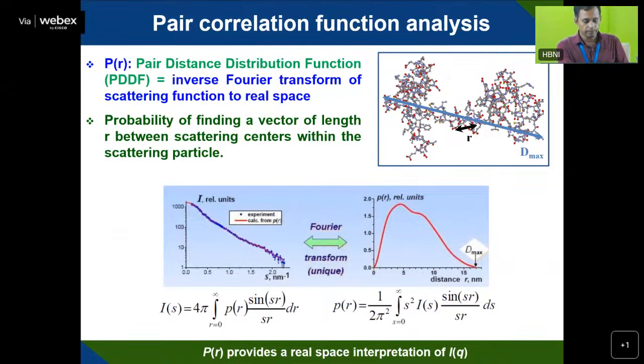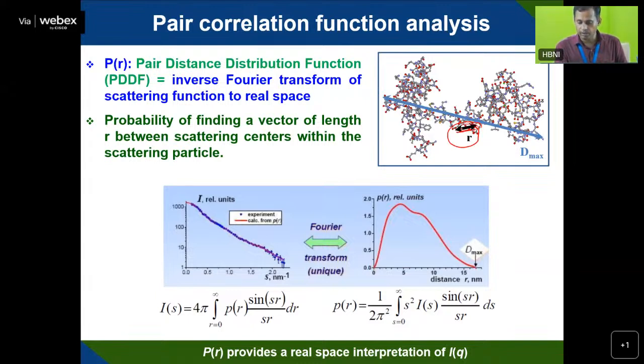So this P(r) is nothing but the pair distance distribution function, which is the inverse Fourier transform of the scattering function into real space. You do the transform and you get the pair distance distribution function, and P(r) is nothing but the probability of finding a vector of length r.